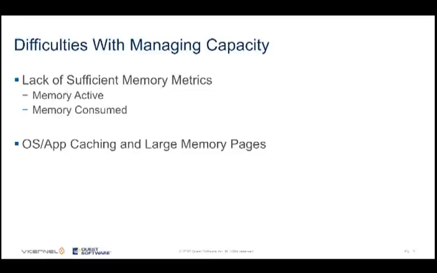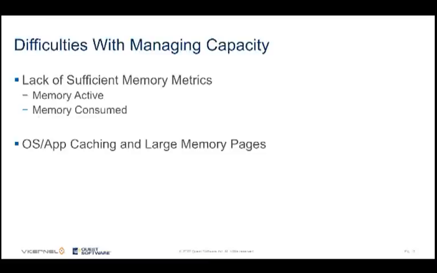Maybe it only needs 2, maybe it only needs 4, but because you've got caching taking place, that VM's probably going to use up and consume all 8 gigabytes of memory. So that can skew the memory consumed metric in the opposite direction. While memory active sometimes can be understated, memory consumed can be overstated.